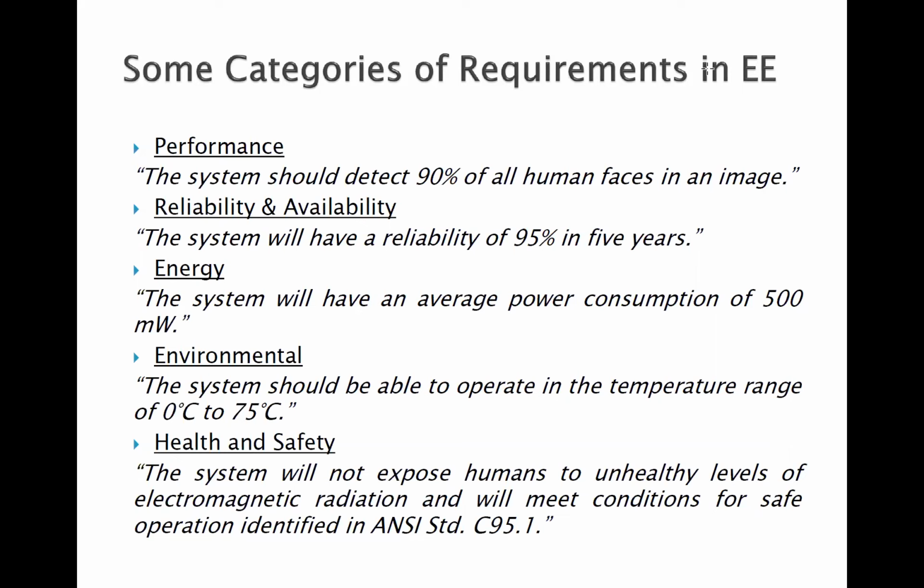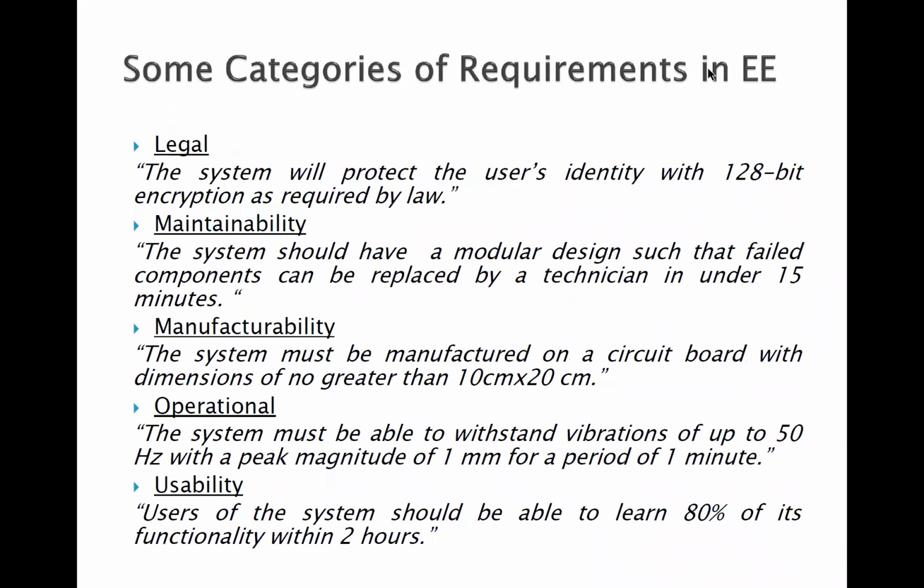Energy, environmental, health and safety, legal, maintainability, manufacturability, operation and usability. For example, for usability, users of the system should be able to learn 80% of its functionality within 2 hours. So that's quite, as you can see, clear, verifiable, and traceable. It's very much related to the marketing environment usually.